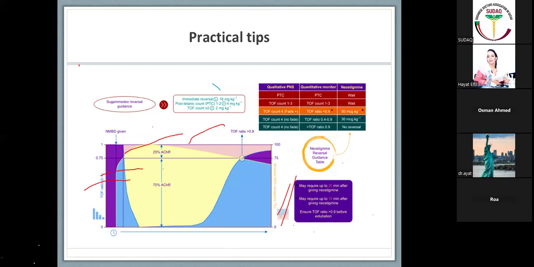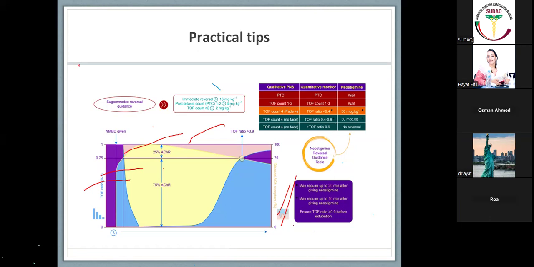In terms of sugammadex, the story is different. Sugammadex is very predictable, and it depends on the dose. Usually we go with the doses of 16, 4, and 2. For immediate reversal, you give 16 mg per kg, which is a very large dose. If the post-tetanic count is between 1 and 2, then you can give 4 mg per kg.